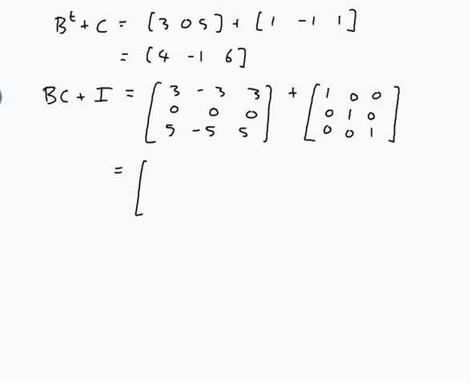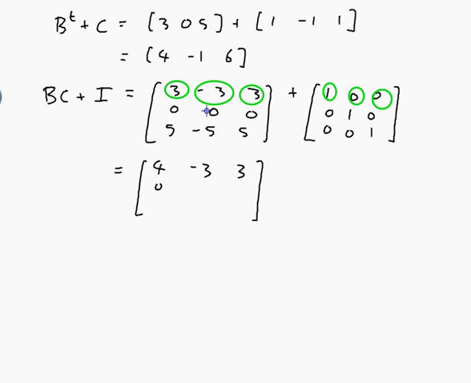Let me just make that a bit clearer by drawing some circles. 3 plus 1 is 4. Minus 3 plus 0 is minus 3. 3 plus 0 is 3. And I'd continue in that way.